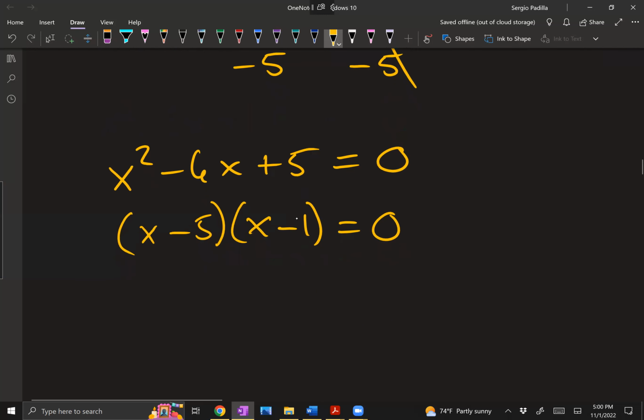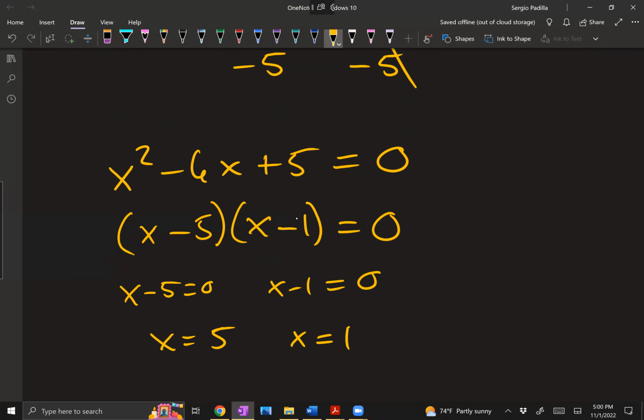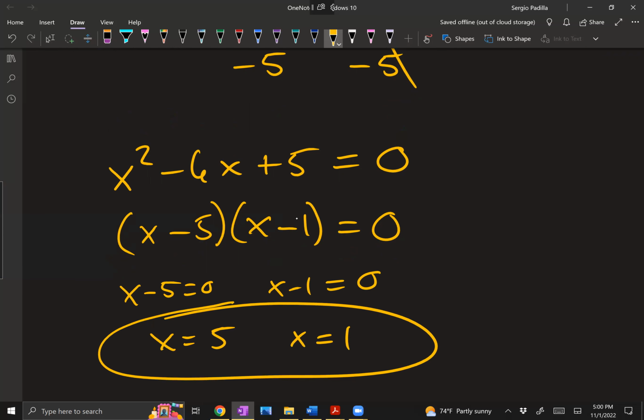So your solutions, if you take each one of these and set it equal to 0, would be x equals 5 and x equals 1. Again, you could have also found those two solutions by doing the quadratic formula. I'm just showing you what the answers are here, and it's a quicker way to solve it in the interest of time.